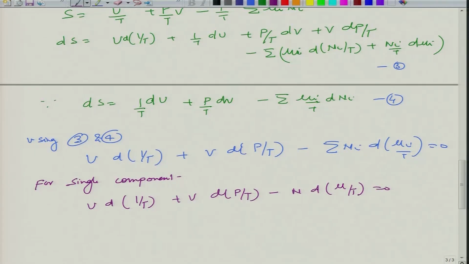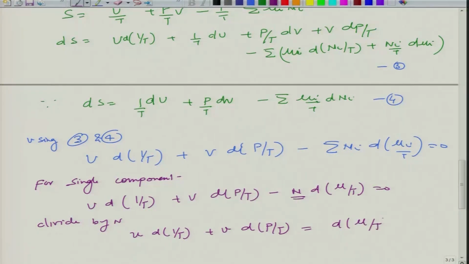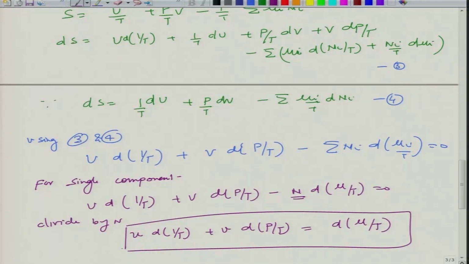So, we have this expression now. We can divide this expression by n. In that case, you are going to get a small u d(1/T) plus small v, the molar volume, d(P/T), minus d(mu/T). So, this is the expression which we get based on the entropy.